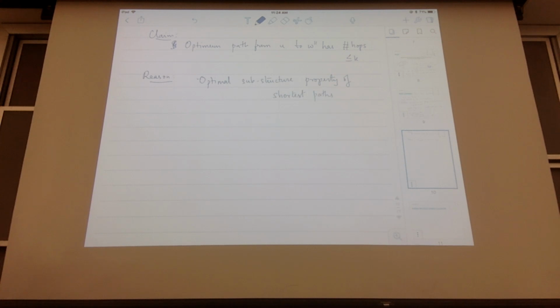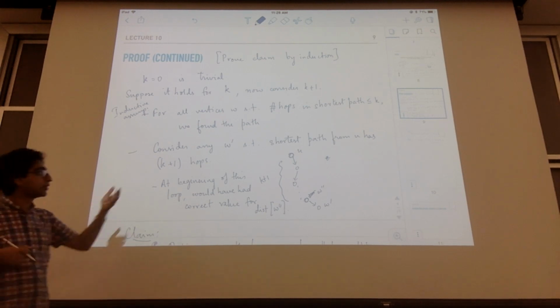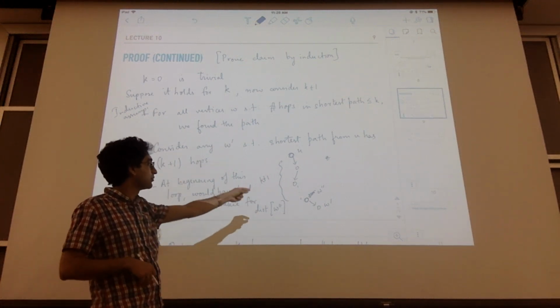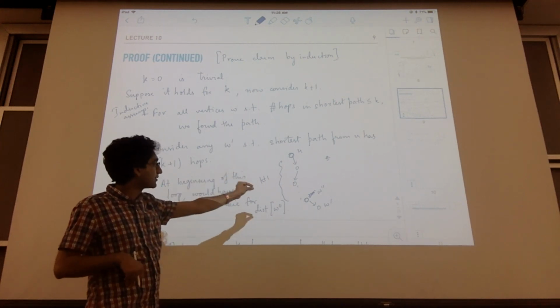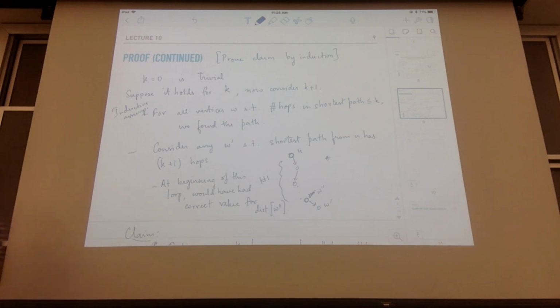And this basically says that if you take the shortest path from U to W prime and you have a W double prime along the way, then this path is also the shortest path from U to W double prime.